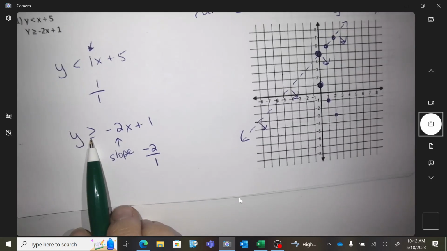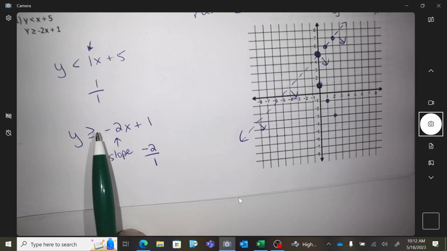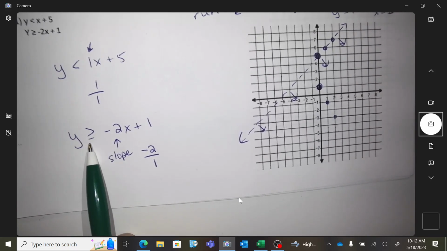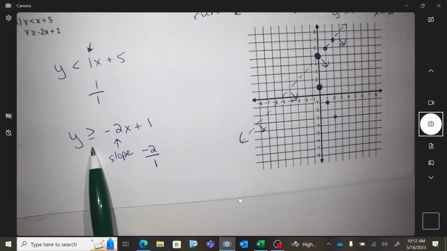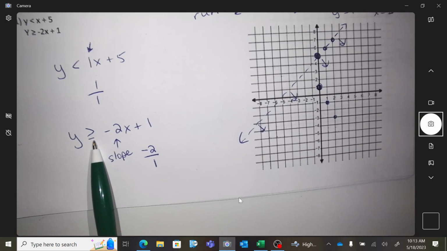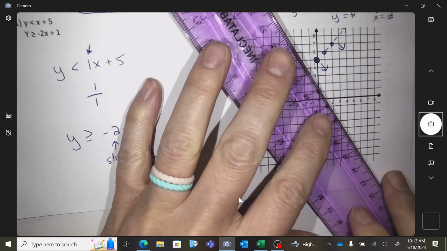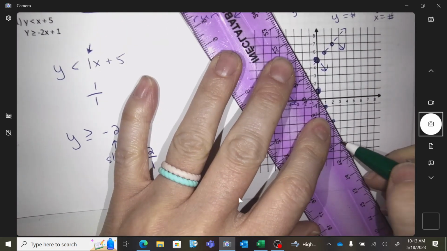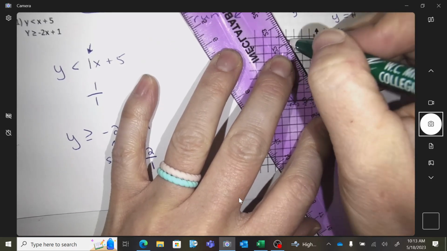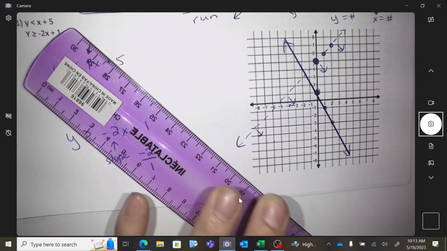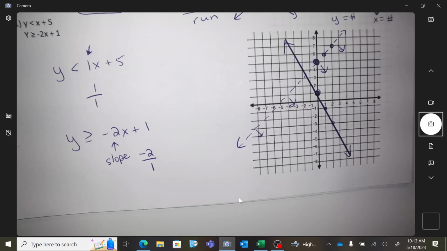Okay, what does this symbol read as? Y is what? How do you read that symbol? Greater than or equal to. This time I'm allowed to be equal to the line, so guess what kind of line I'm going to draw? Solid. I'm allowed to be on that line.